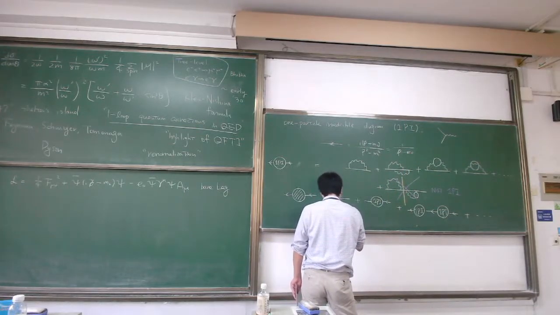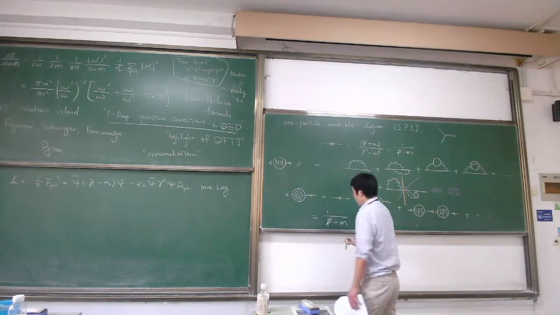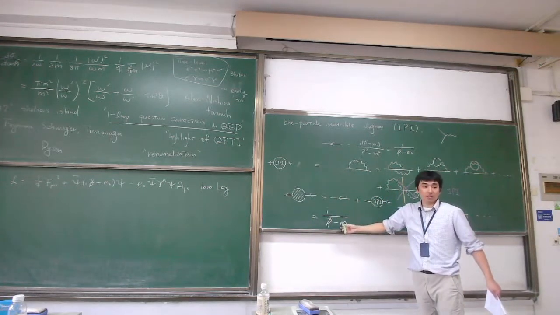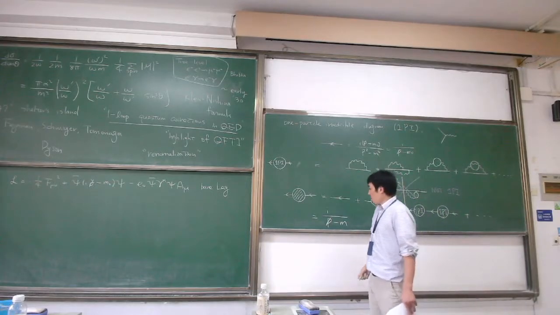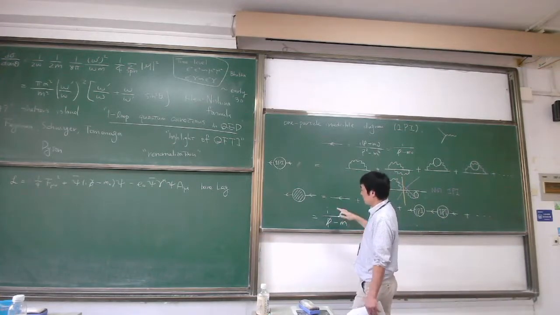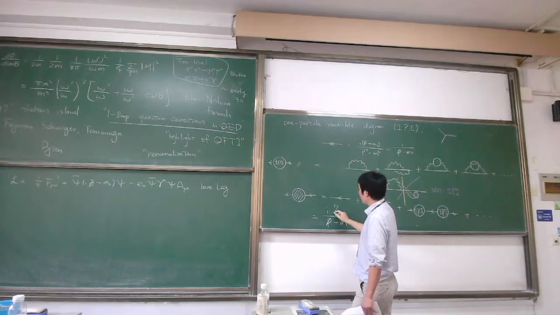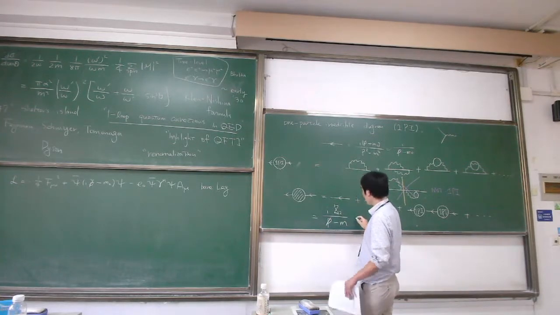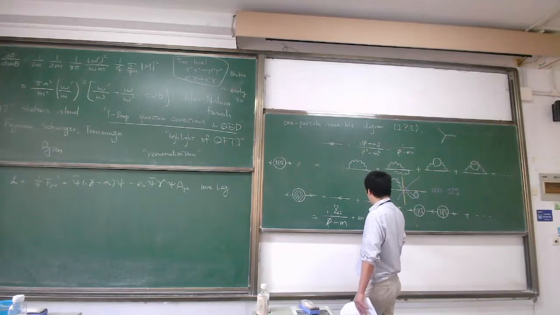But if you include all possible 1PI, the location of the pole will change. We will learn that. So M0 and M will be different. Moreover, the residue of this pole is no longer 1. You have, I call it, Z2, plus an analytic term.